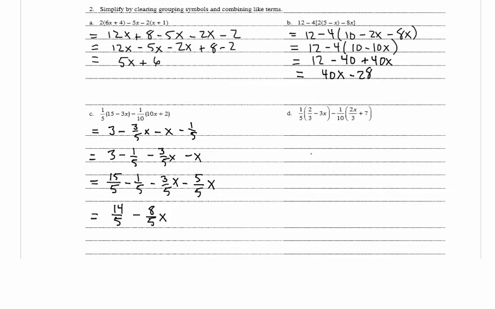In D, we have 1/5 times (2/3 - 3x) - 1/10 times (2x/3 + 7).